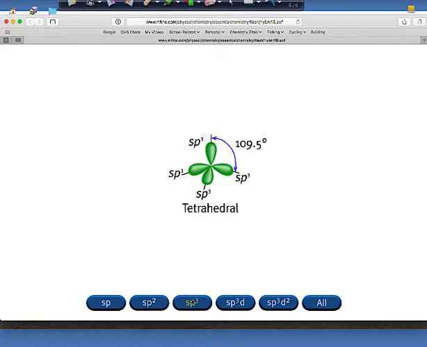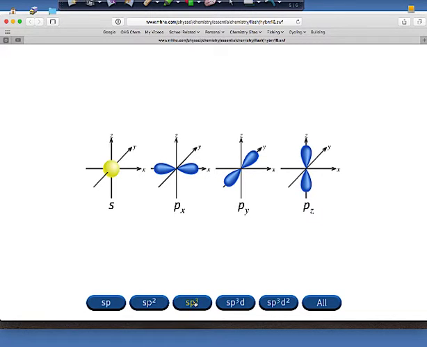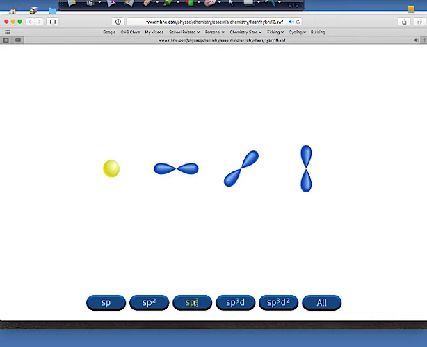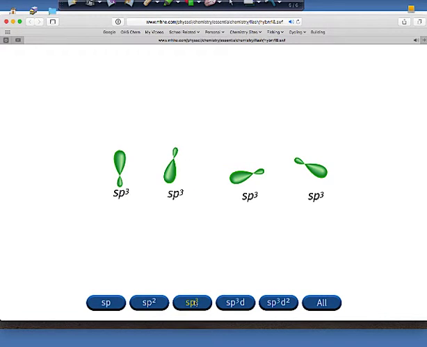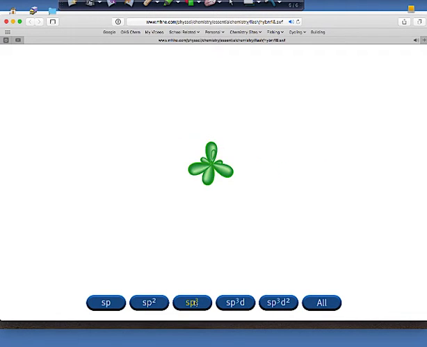They are in theory still there, and the electrons can spend a little bit of time there, but they aren't important to our understanding of structure. So again, if we play this again, the s and the 3 p's hybridized together, there you can see the degenerate lobes, which we don't represent, and there's our tetrahedron. Do you get the idea?